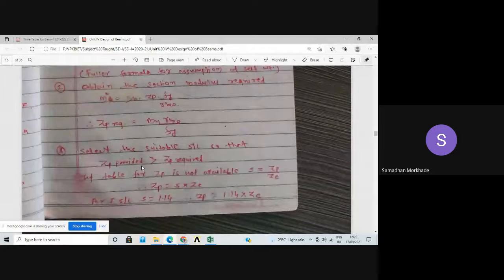Sometimes if that table is not available, then we know that shape factor is equal to ZP by ZE, the ratio of plastic section modulus to elastic section modulus. Therefore, ZP is equal to shape factor into elastic section modulus, and the shape factor for an I section is 1.14. So ZP is equal to 1.14 into ZE.